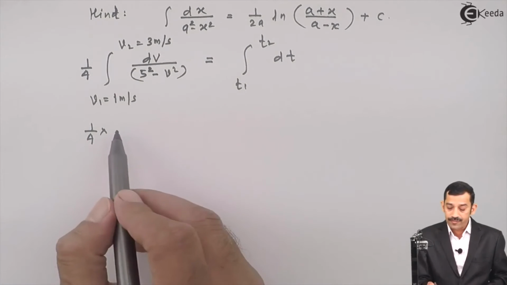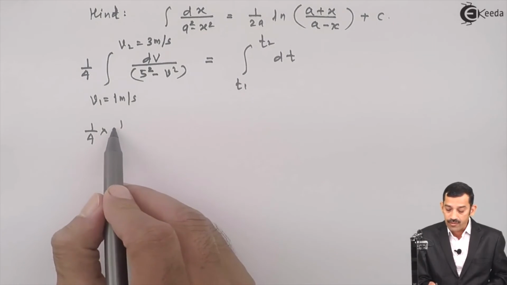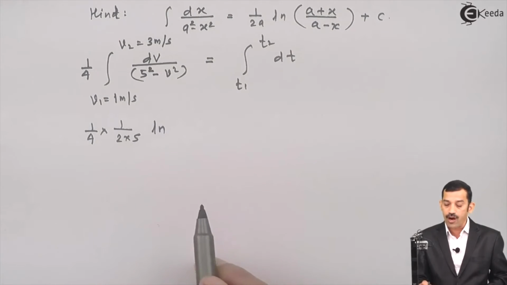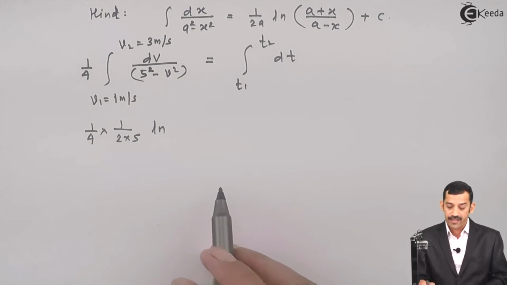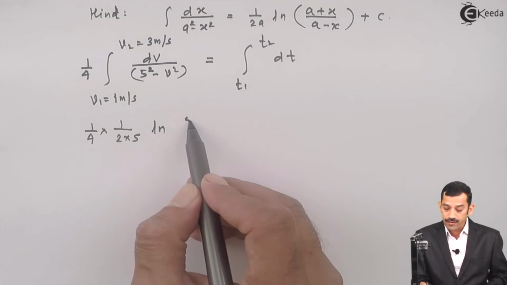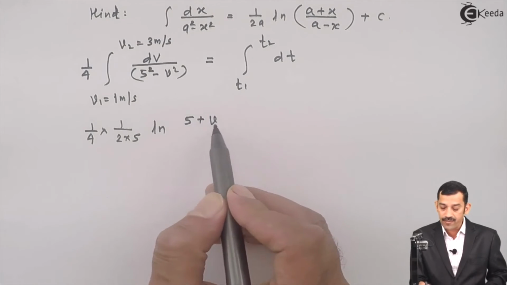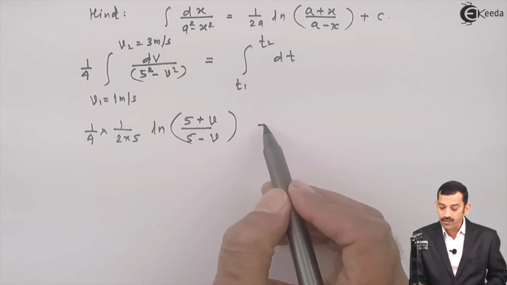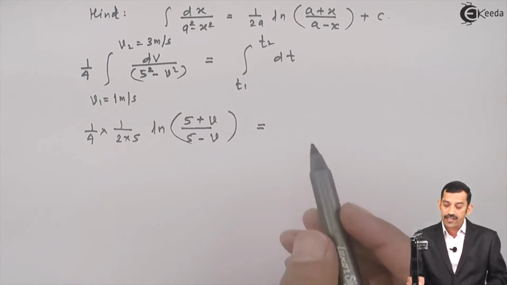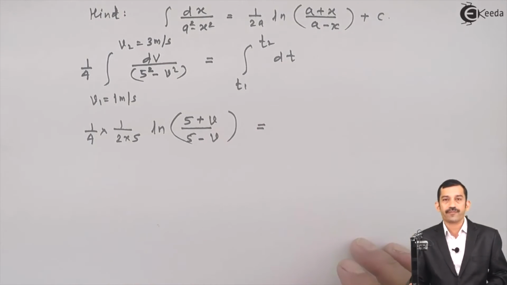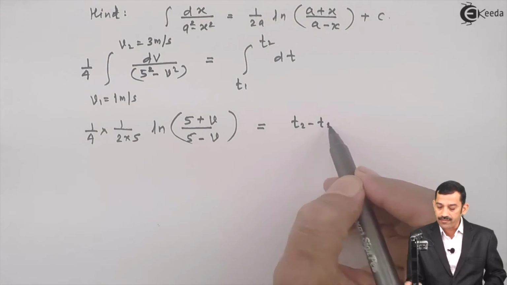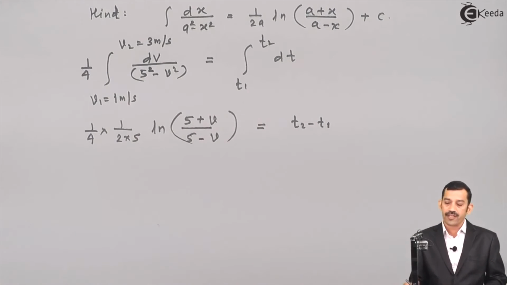That means 1 upon 2 into 5, ln of a plus v divided by a minus v, that is 5 plus v divided by 5 minus v, equal to the integration on the right hand side. Integral of dt is t, with upper limit t2 and lower limit t1, that means t2 minus t1. As we are using limits of integration, you will not get a constant of integration here.